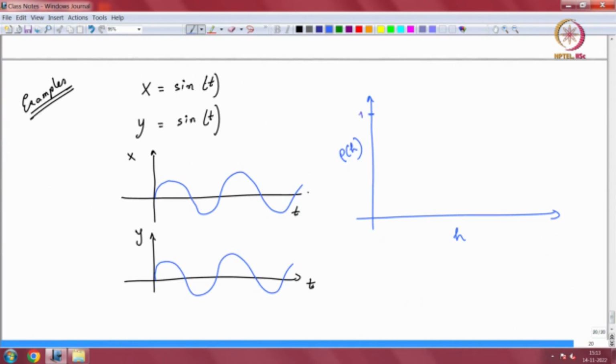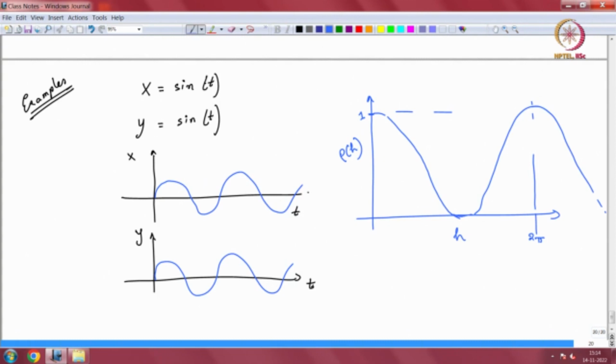Rho h is maximum when h is equal to 0, which is at 1, and then it decreases, and finally it keeps on repeating itself. It again reaches a value of 1 at a distance of 2 pi and keeps on repeating. So, this function rho h looks like a periodic function just like the original function.